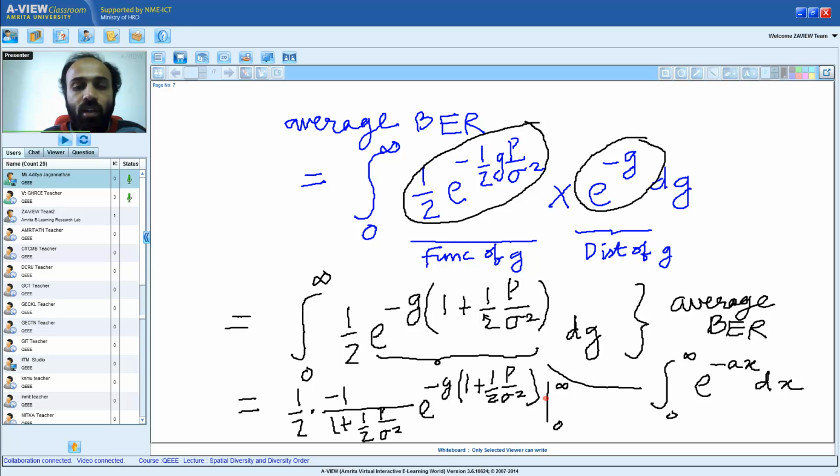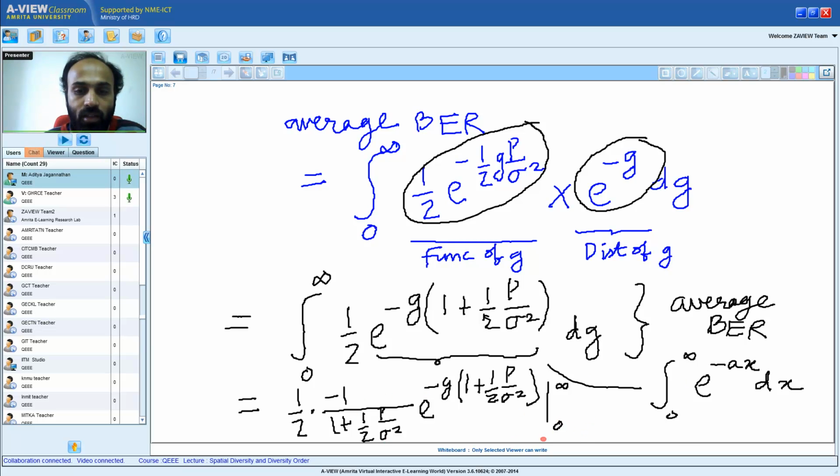Of course at infinity e to the power of minus g is 0. At 0 e to the power of minus g times 0 is 1. Therefore 0 minus 1, that is minus 1. And therefore this net integral, GIT also I am getting the answer, thank you.